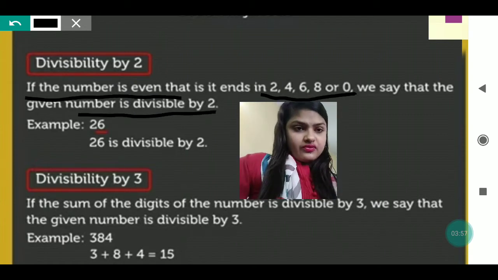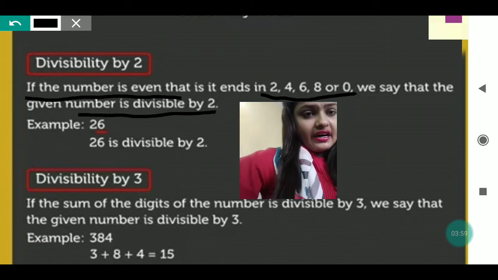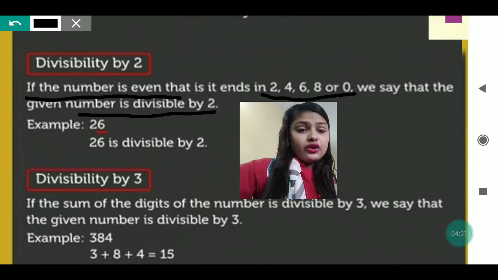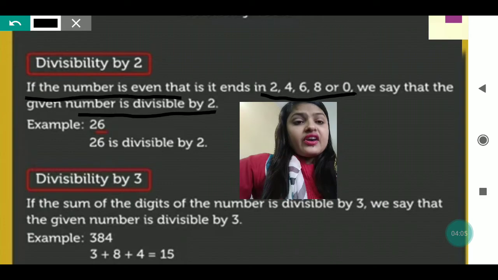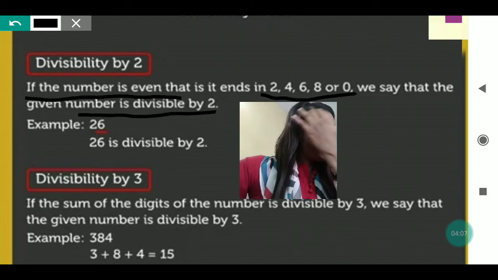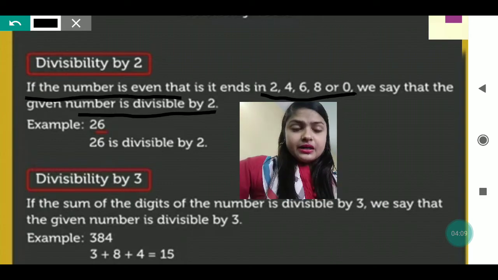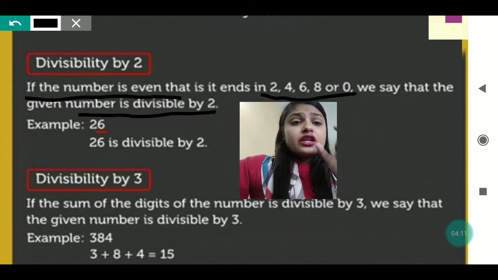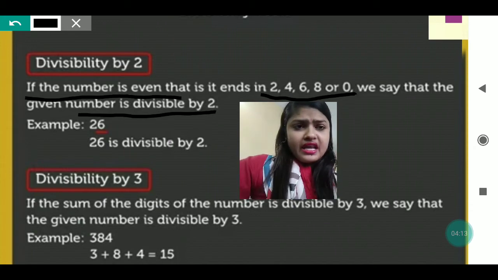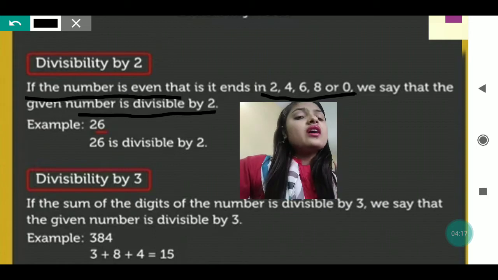So if a big number, a 4-digit or 5-digit number, is given, and in the last place you get 2, 4, 6, 8 or 0, then that number is an even number.